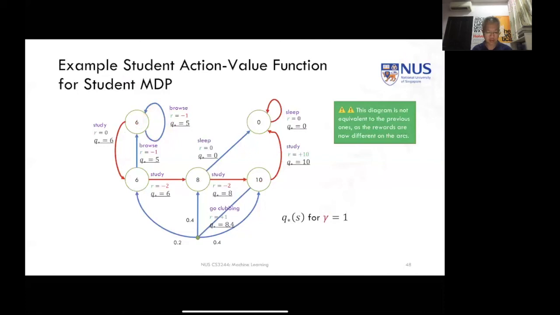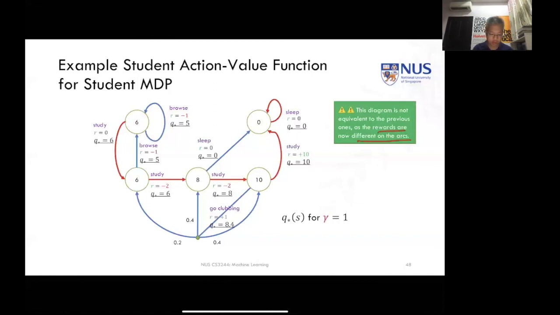So that's the whole idea of the best optimal student, and for the student MDP, the action value function here. Now just note that the diagram is not quite equivalent to some of the previous ones, because the rewards now are on the arcs.